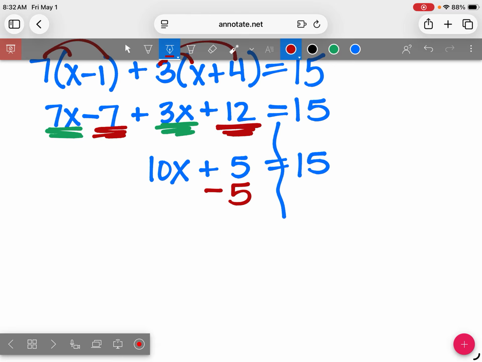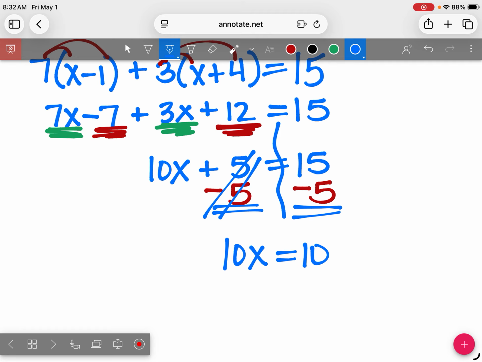Subtract the 5. 10x equals 10. Divide by 10. We got x equals 1.